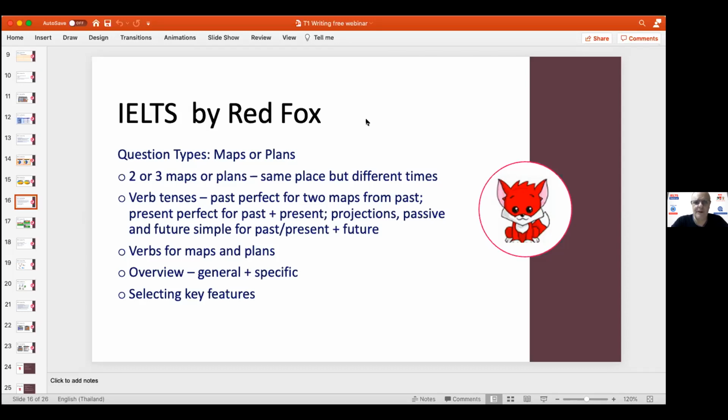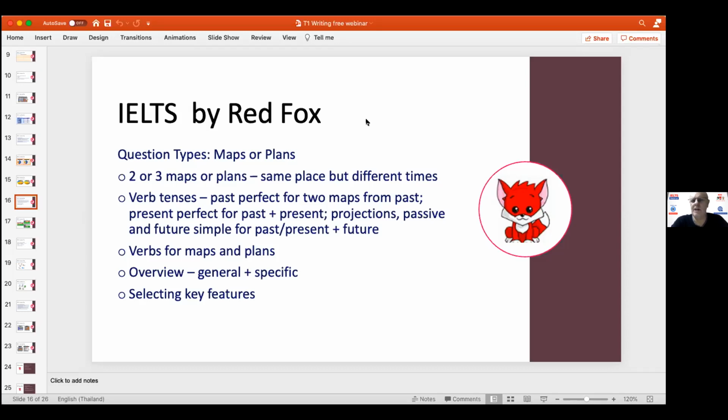The vocabulary for these questions is mainly the different types of verbs we need. So things like convert and relocate, reconstruct, develop, these types of verbs are what we need for these types of questions. The overview also is both general and specific. Lots will have changed in these maps, otherwise there'd be nothing to write about.